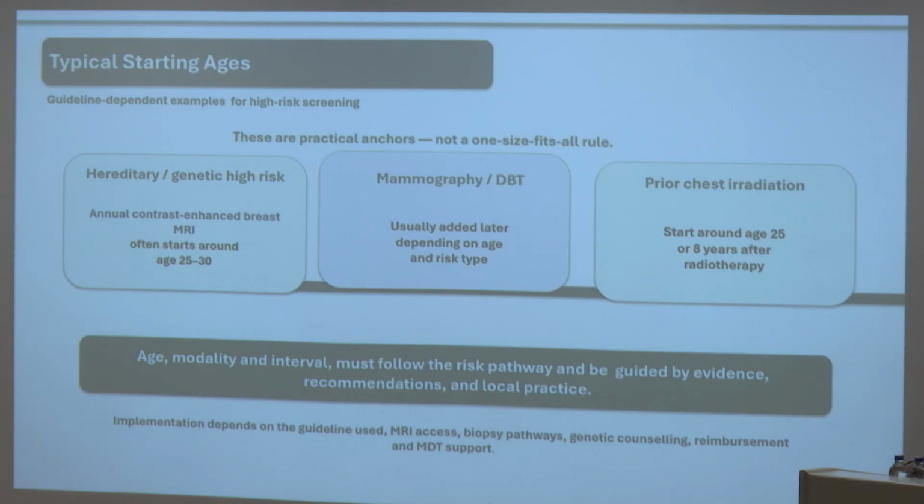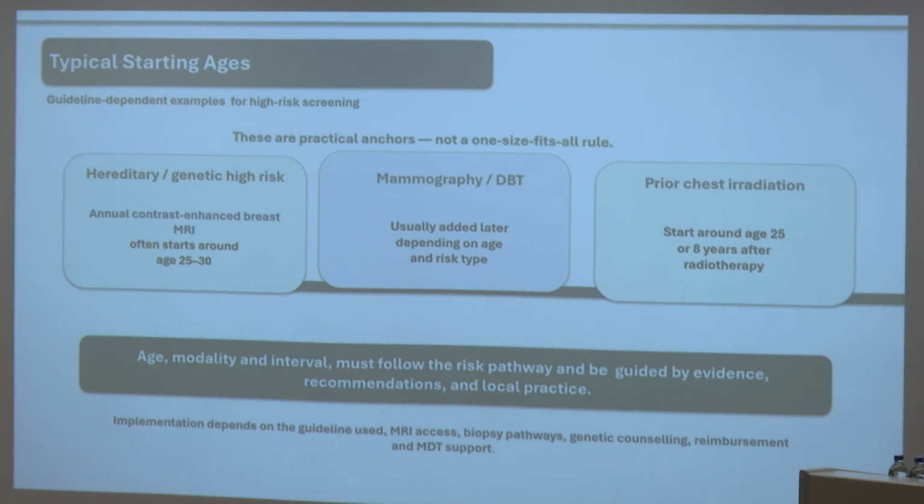So just quickly, the typical starting ages. These are guideline-dependent examples on high-risk screening, and they are practical anchors, not one-size-fits-all rules. For hereditary risk, again, it is annual contrast-enhanced breast MRI. It's not abbreviated. It's contrast-enhanced and the full protocol for this category.